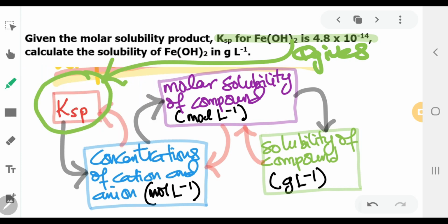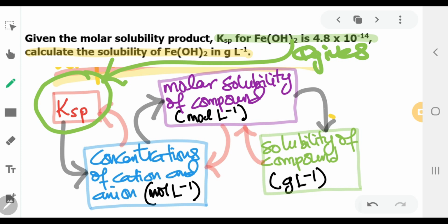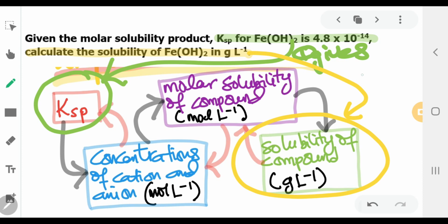The question wants you to find solubility, and solubility is right there. So this is what the question wants. To get from Ksp to solubility of compound in gram per liter, we have to move from Ksp to find the concentration of cation and anion.